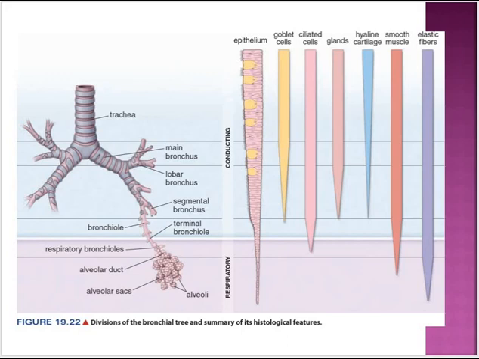Here we can see the branching pattern of the airways. As we are looking here, the trachea bifurcates and it signals the beginning of the bronchial tree. That is the conducting portion of the respiratory system, which extends all the way into the lungs down to the level of the terminal bronchioles.